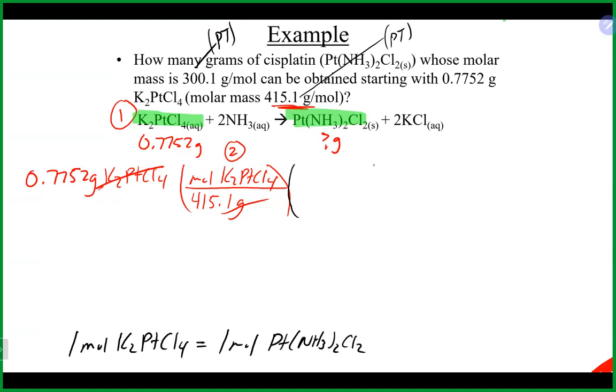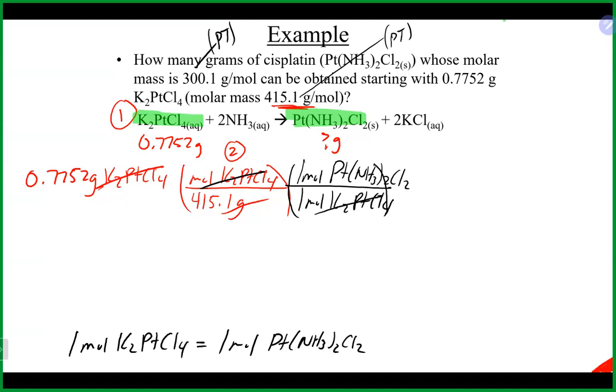So that makes the stoichiometry pretty simple. 1 mole of the K2PtCl4 goes on the bottom so that they cancel. The 1 mole of what we're looking for will go up on top. And again, if I stopped right at this point, we would be in moles of our product.